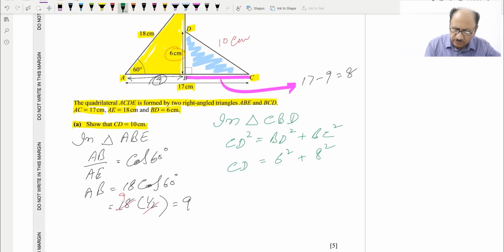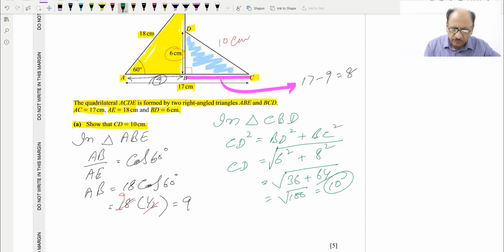So this will be CD square, and if we are writing CD, we can write the square root of 6 square, which is 36, plus 8 square, which is 64. So this will be the square root of 100, which will be 10. So CD is 10. This is how we have proved. So this was a 5-mark question which we have done.